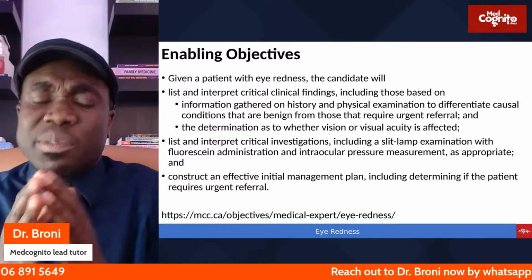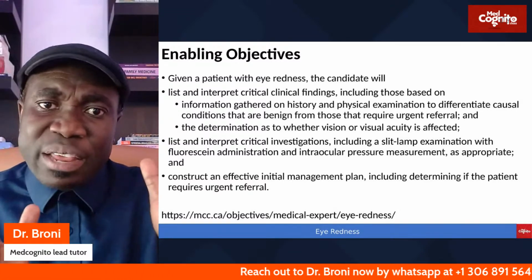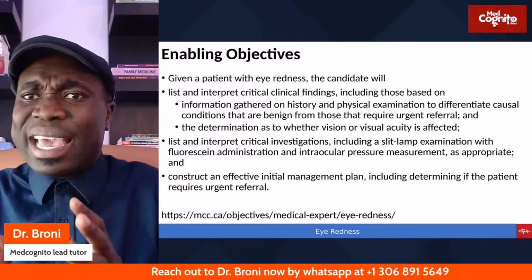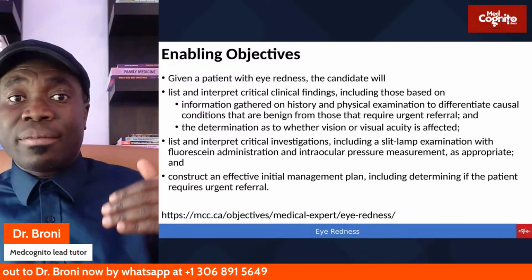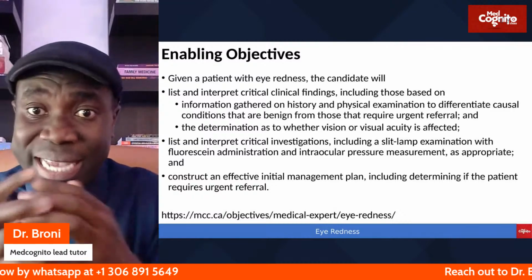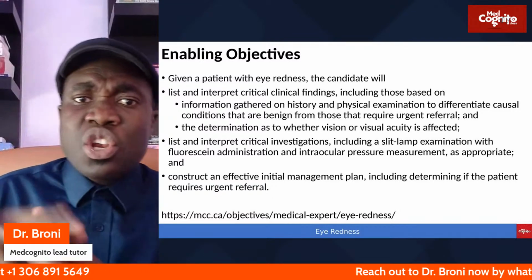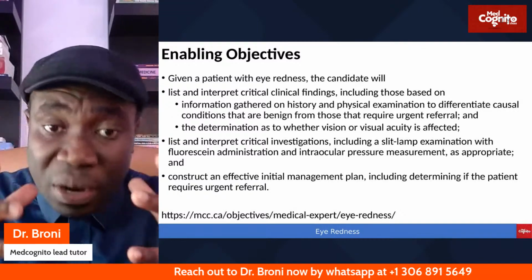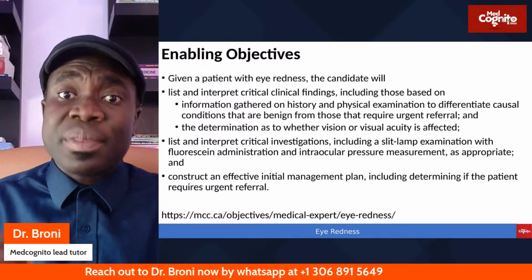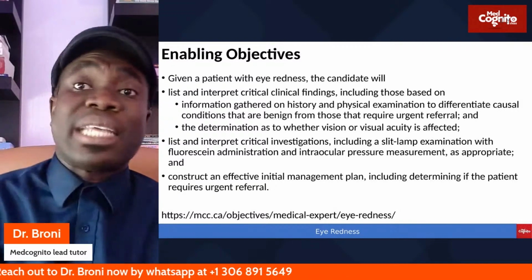You must be able to differentiate the various causes of red eye. Say, look, is this red eye benign or is this red eye serious that I need to pay attention to? Number two, you must be able to determine whether, in this particular patient with red eye, the visual acuity is affected or not.